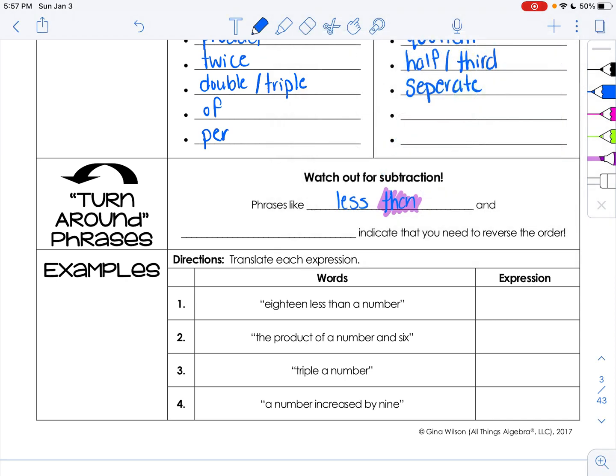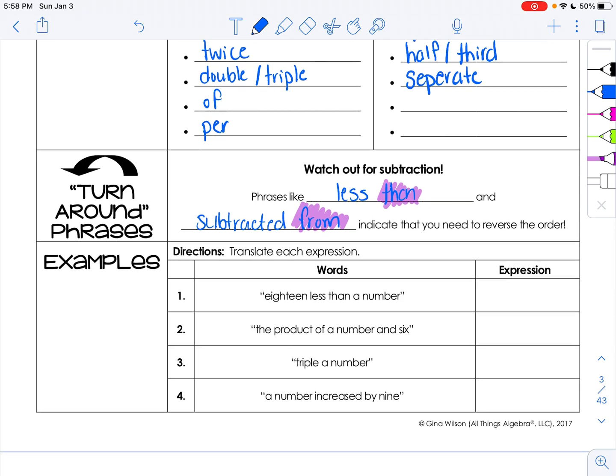Also, a turnaround phrase would be subtracted from. This is going to be a turnaround phrase because you have the word from in that phrase. So what this means is you're going to reverse the order of your operation. Let's take a look at a few examples.